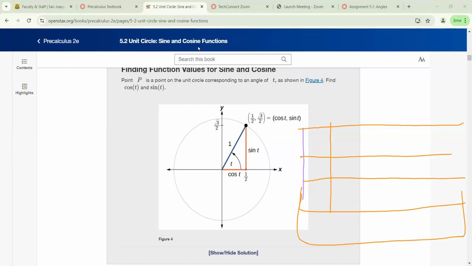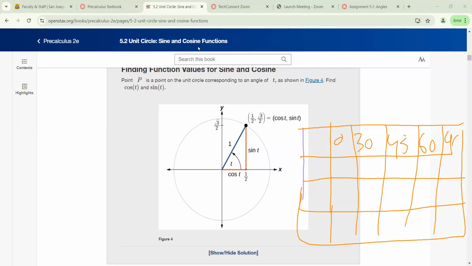I'm going to make 3 columns here, and then 30. Going to begin from 0, then 30, 45, 60, and 90.